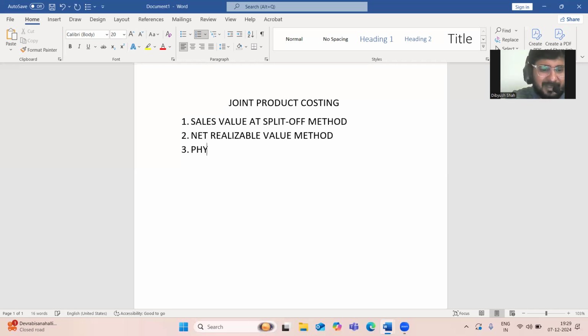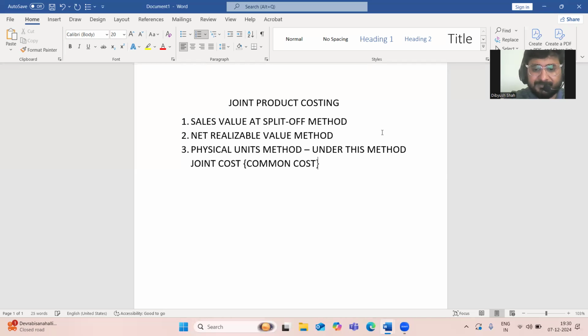Third method is very, very simple. I will not need to solve a multiple choice question for this method. Physical units method. Under this method, joint cost, that is your common cost, is simply allocated based on number of units produced.